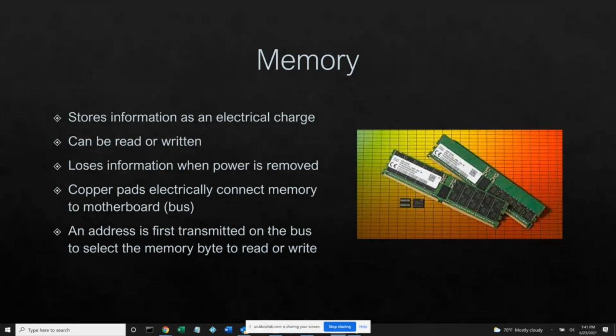And what the CPU does is it sends an address, turning on and off voltages on some of these connectors at the right time, picks a particular number, and that particular number, which is known as an address, points to or selects a particular byte in memory. And we'll talk about bits and bytes. Memory can be written in larger chunks than that, but the minimum amount of information you can send back and forth from memory would be a byte.